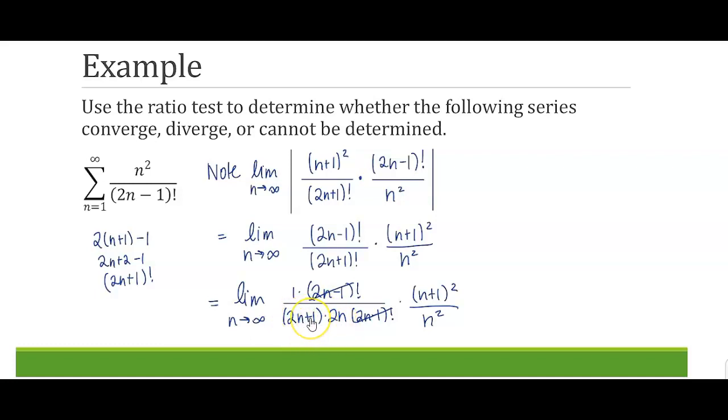So the bottom is going to be growing bigger faster than just the constant 1, so this overall fraction is going to go to 0. So this limit is equal to 0, which is less than 1. And the ratio test tells us that this series converges. And here is the formality that we would write.